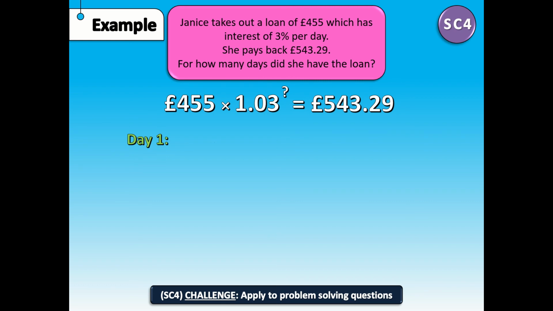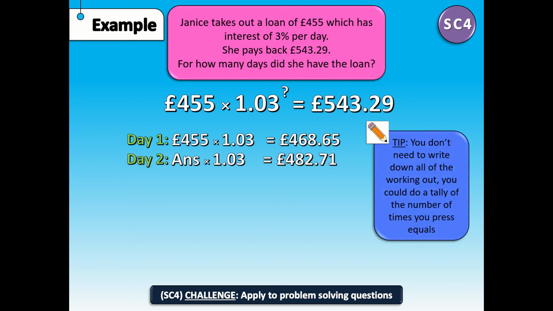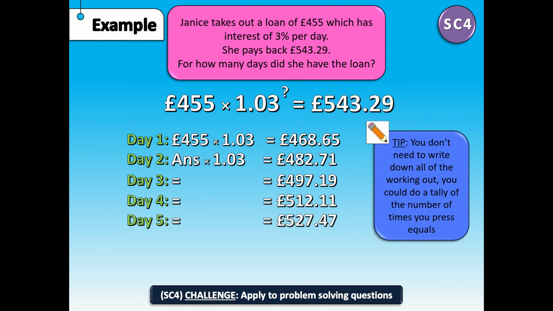So we start with day 1, then we do day 2, day 3, day 4, day 5, day 6, and there we get the amount. So she took out the loan for 6 days.